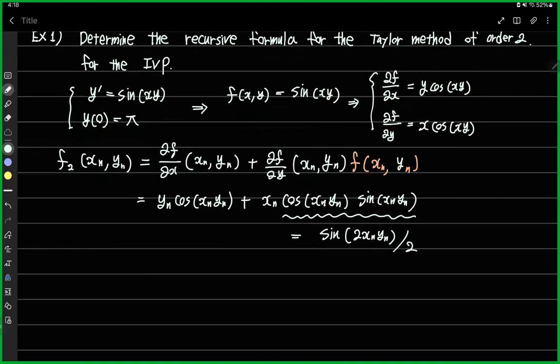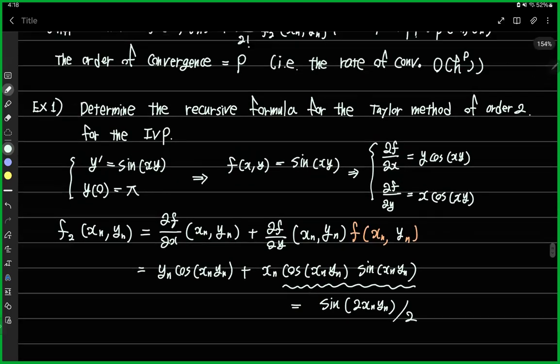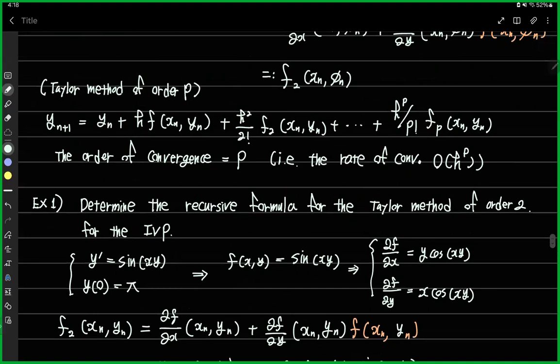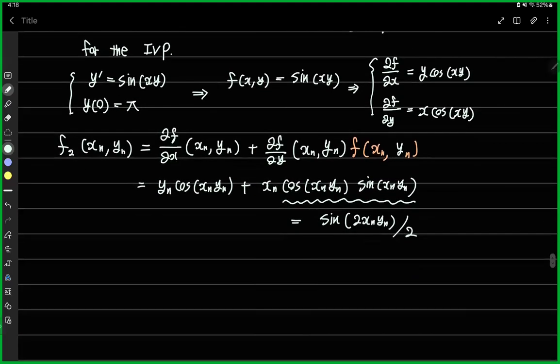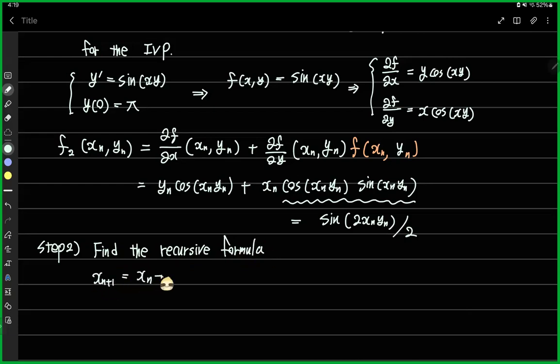Yeah, okay. So now we plug this into the Taylor method. So this is step 1, and then step 2, we find the recursive formula. So x sub n plus 1 is equal to x sub n plus h.